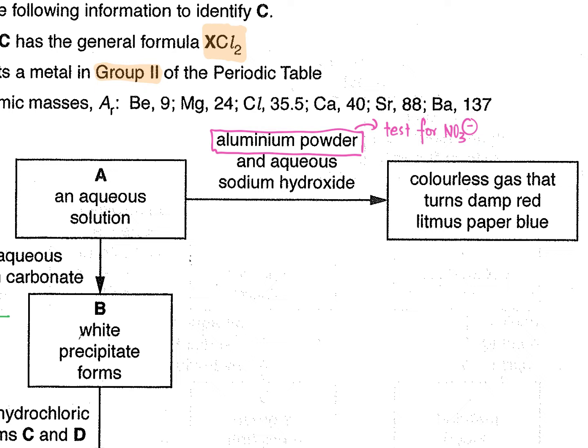So if there's a positive nitrate test, you're going to have a colourless gas that turns red litmus paper blue. It's just that they never ask you to identify this gas. Why is this gas produced? What is the only gas that turns red litmus paper blue? Ammonia gas. So if you have ammonia gas produced, it tells you that you have nitrate ion present.